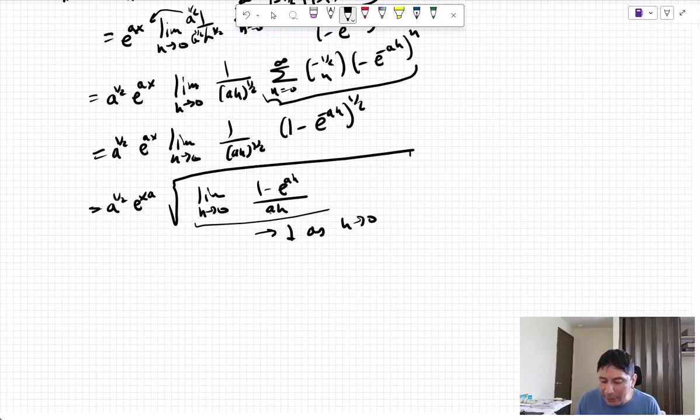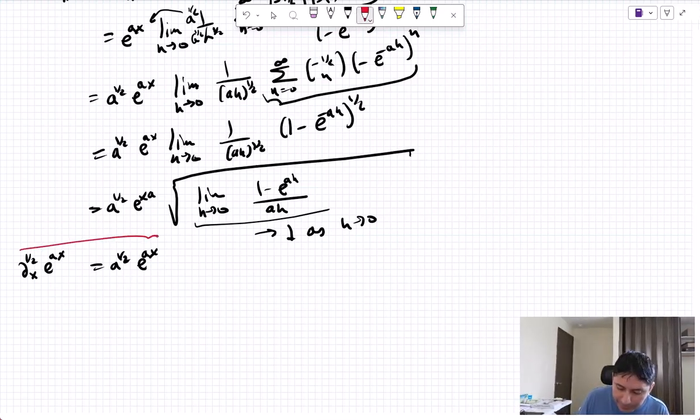If I didn't have the ah in the denominator, it would go to a instead, but since I put it there, it just goes to 1. So this whole expression goes to a^(1/2) e^(ax). So the square root derivative of e^(ax) is a^(1/2) times e^(ax), right?